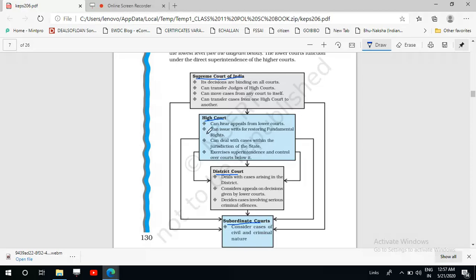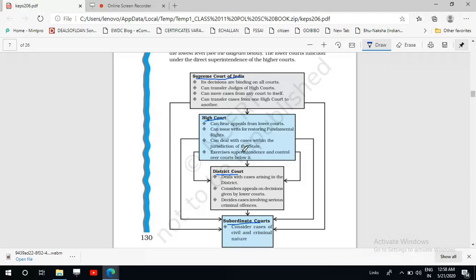In the same way, we see that the High Court also has some powers regarding these district courts and subordinate courts. And in this way, our integrated judicial system works. So it can hear appeals from the lower courts. From any lower court, appeal can be heard in the High Court, and it can issue writs for restoring fundamental rights.